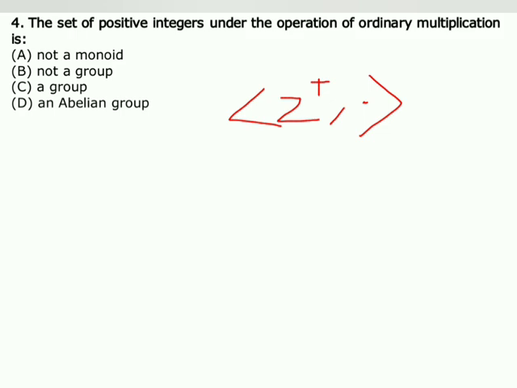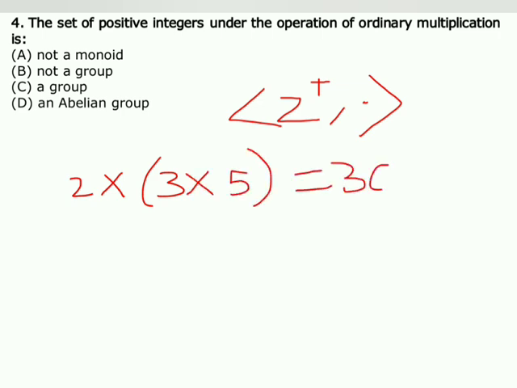The product of any two positive integers is a positive integer and hence it is associative. For example, consider 2 into 3 into 5, which is equal to 30, right?